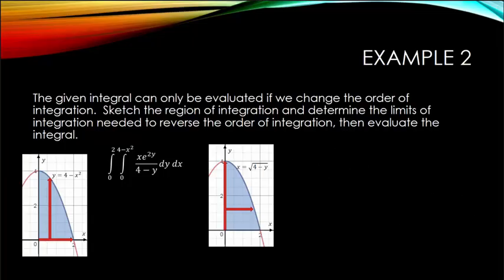Now I plug that first integral result back into my outer integral. I get the integral from 0 to 4 of e to the 2y over 2 dy. This becomes e to the 2y over 4 evaluated from 0 to 4. My final result is e to the 8th over 4 minus 1/4, or e to the 8th minus 1 over 4.